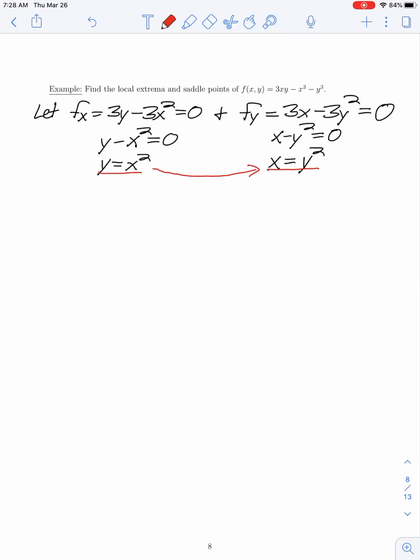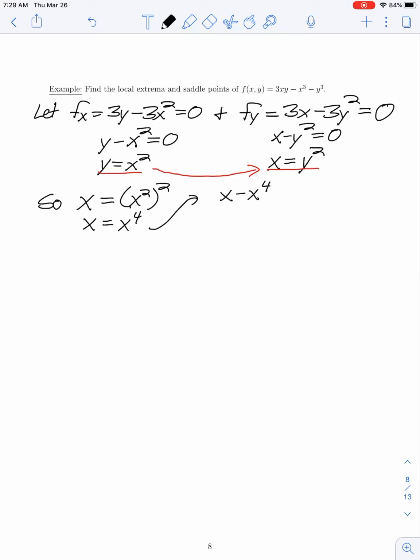Here I know that y is equal to x squared, so let's take y as being equal to x squared and substitute into our second equation. We find that x has to equal y squared. Now y is equal to x squared, so we have x squared squared, or x to the 4th.